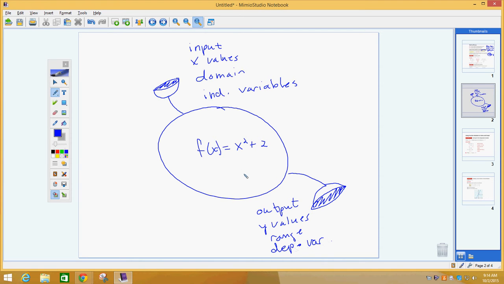So our example for this function machine is my function f of x is equal to x squared plus 2. So let's just pick a few numbers here. Let's just say my inputs are going to be -2, -1, and 1. We'll just do 3 examples. So if I put in the -2, it comes inside my function machine.